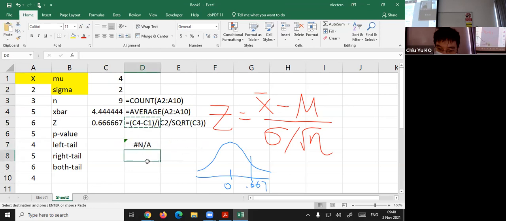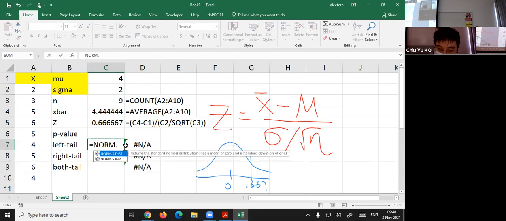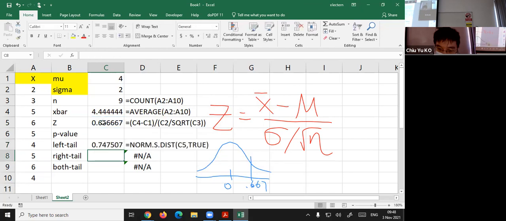Let's do the left tail. For the left tail, we just use NORM.S.DIST of this number. This is the left tail.